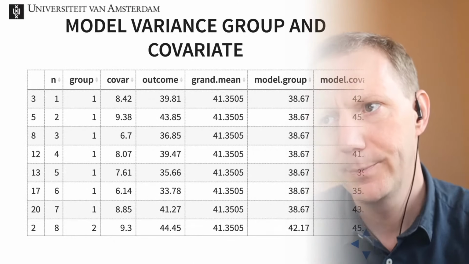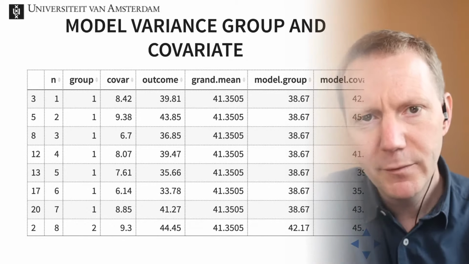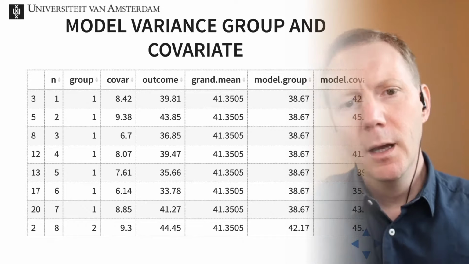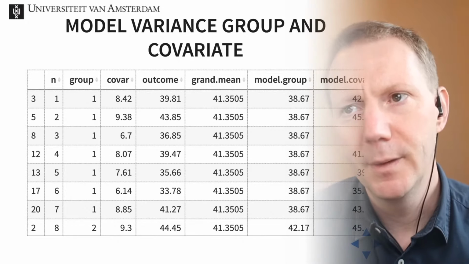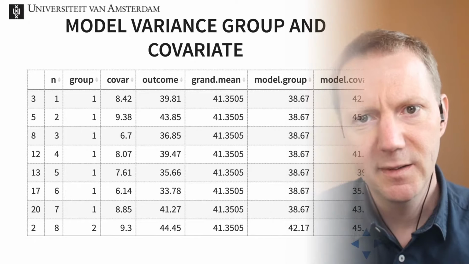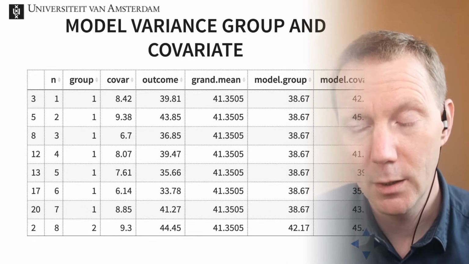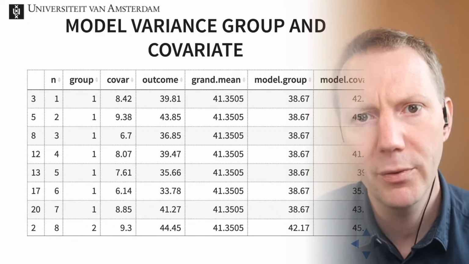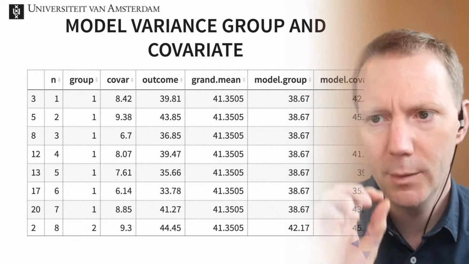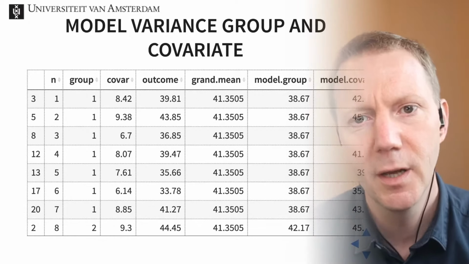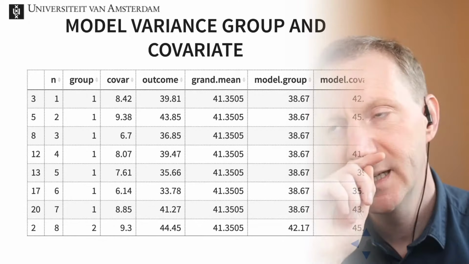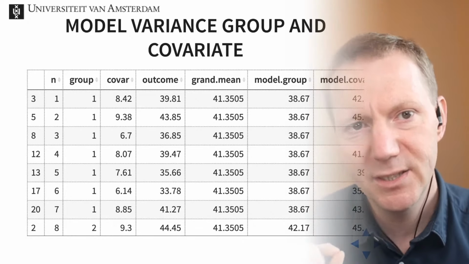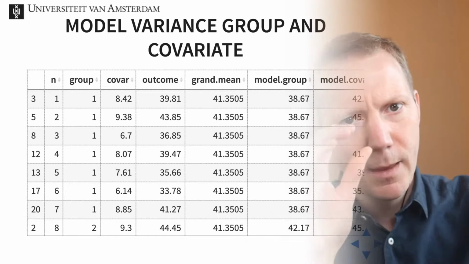So the next step that we need to do, and we've seen this, of course, is that if we apply a model where we calculate an expected extroversion level based on both the grouping variable and the covariate, both the nationality and the openness to experience, then you would combine these two.